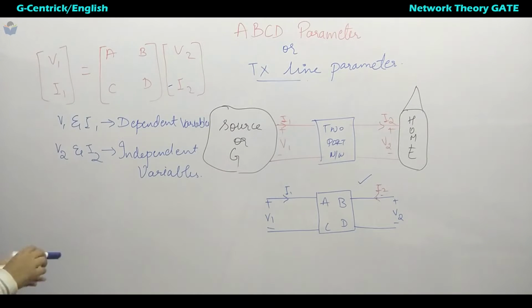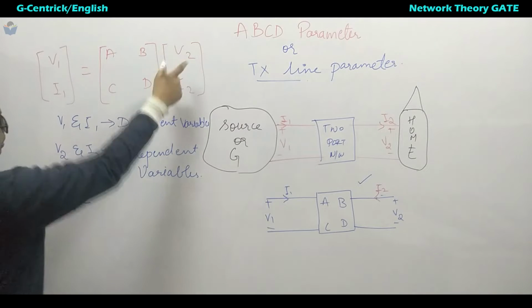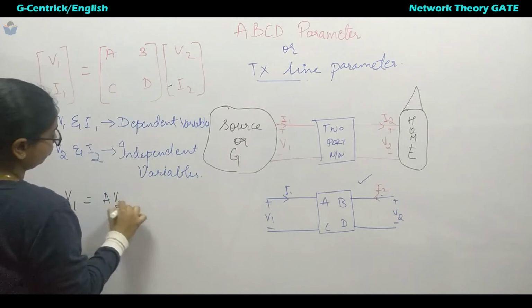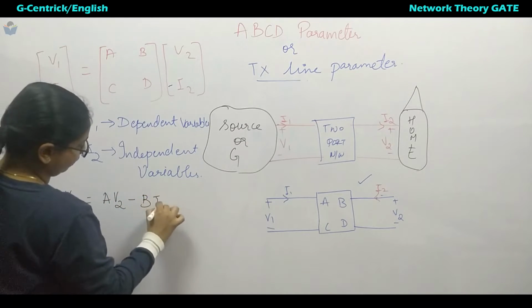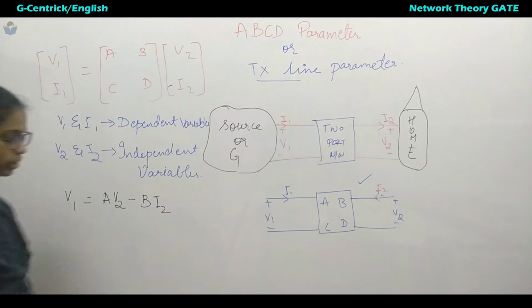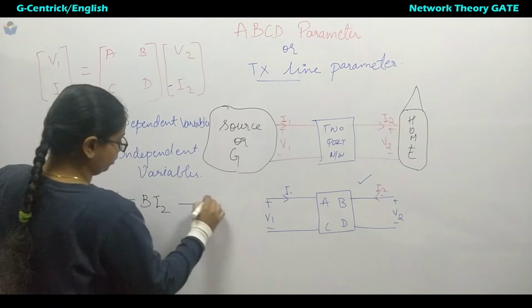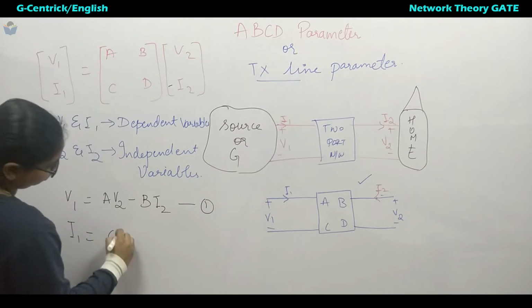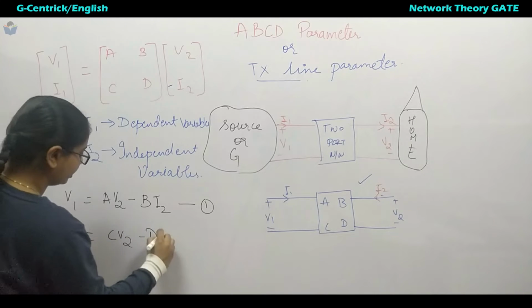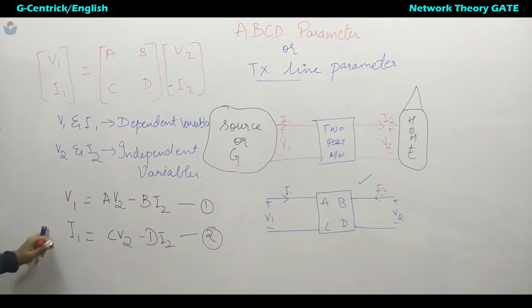V1 equals A times V2 minus B times I2. Here we will get minus, whereas in Z and Y parameters we used to get plus. Let us write this as equation 1. Next, I1 is equal to C V2 minus D I2. So these are the two equations that we have got now.